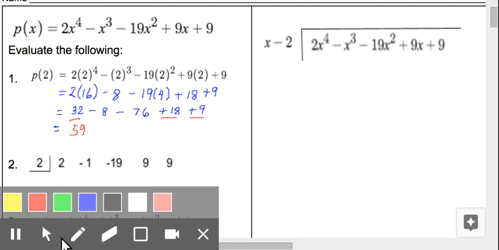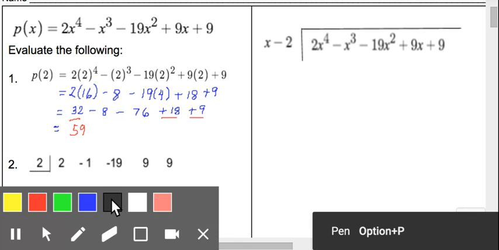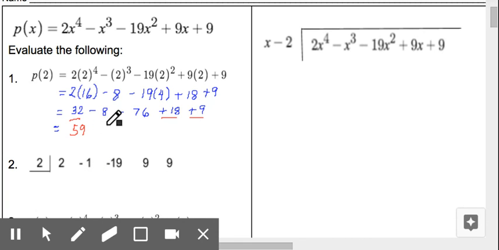So these are the positives. Now, the negatives are 8 and 76. So we add those. So 76 plus 8 is 84. So the red are all the positives, and this black number here we got from adding all the negatives.